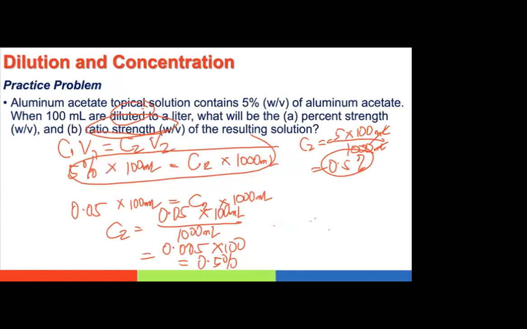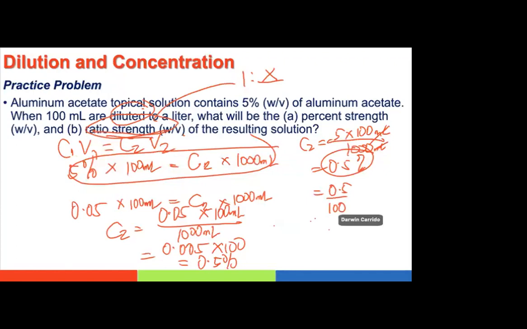Now, letter B. What is the ratio strength of this resulting solution? When we say ratio strength, it is expressed as 1 is to blank. Remember, ratio strength is 1 is to X. Now, 0.5% is also 0.5 over 100.